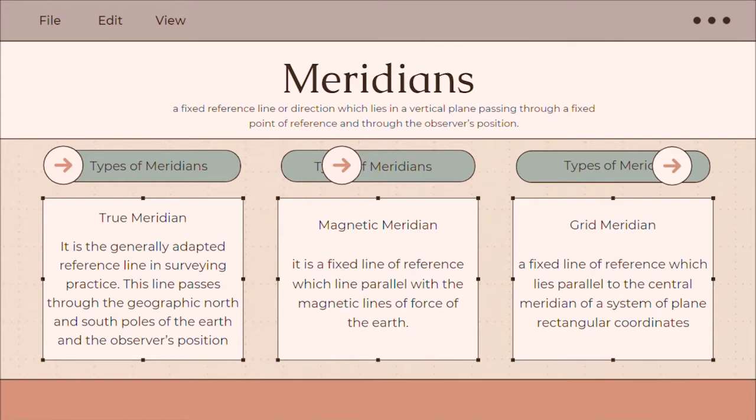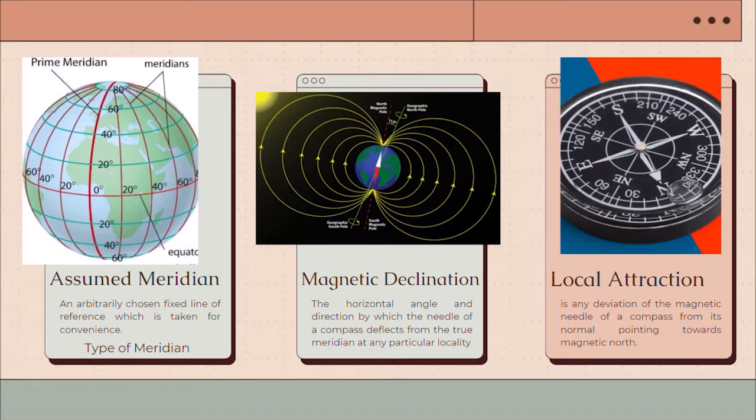Third, we have the magnetic meridian. It is a fixed line of reference which lies parallel with the magnetic lines of force of the Earth. Its direction is defined by a freely suspended magnetic needle of a compass held at an observer's position. Next, we have the assumed meridian. It is an arbitrarily chosen fixed line of reference which is taken for convenience.